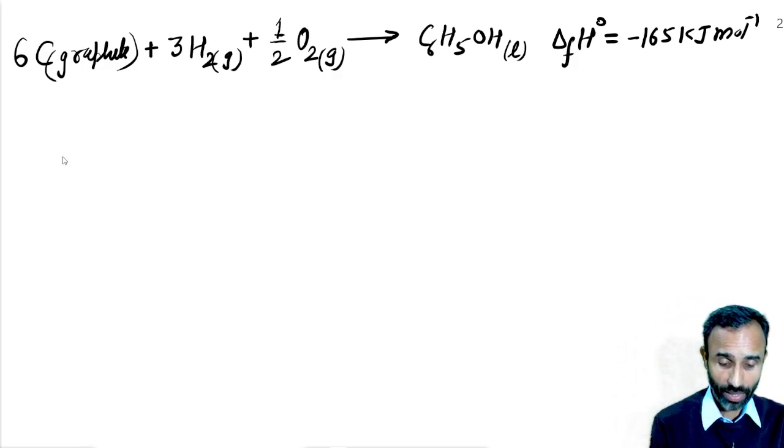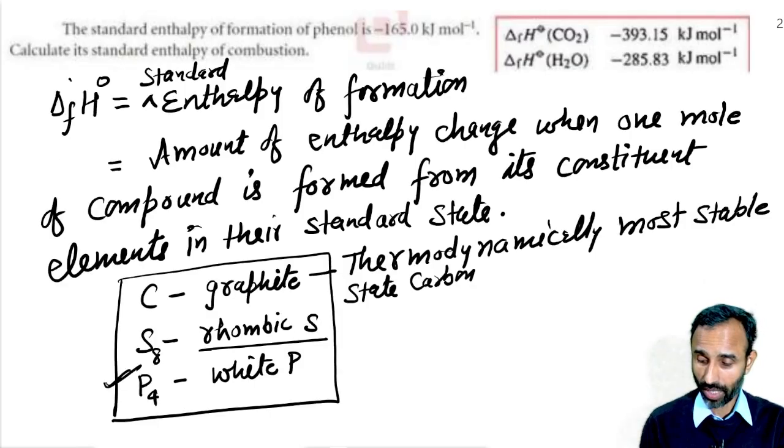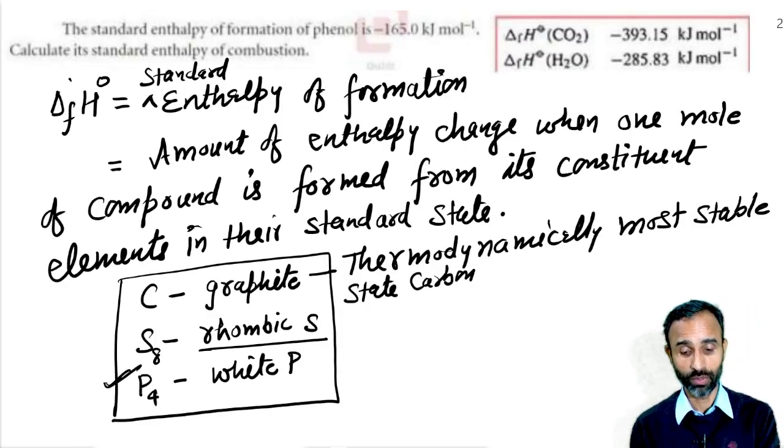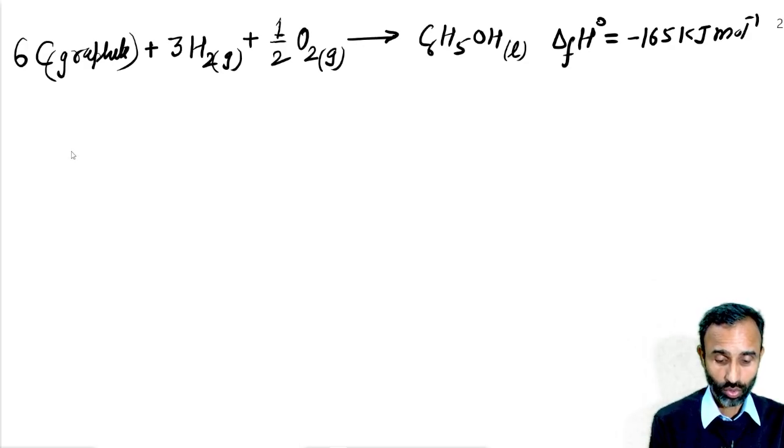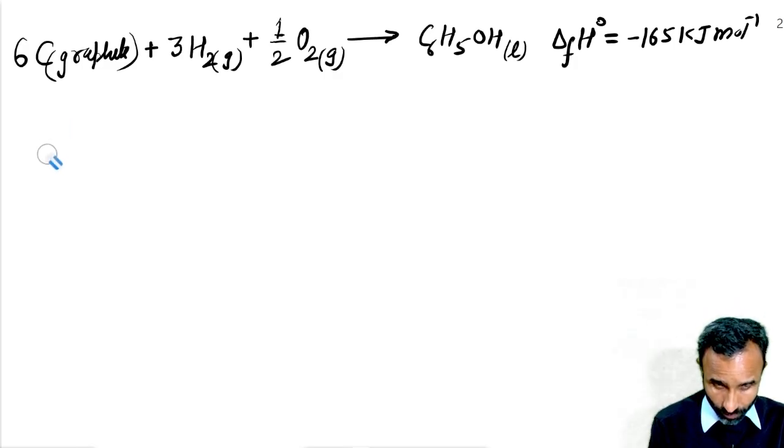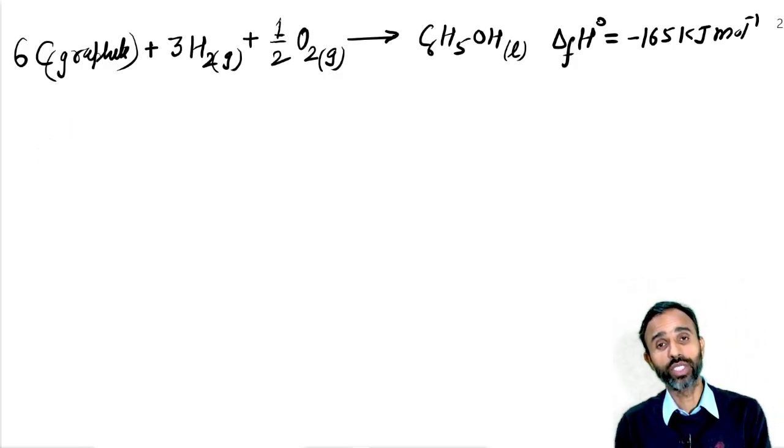Now we have to calculate the standard enthalpy of combustion of phenol. So what is enthalpy of combustion? The amount of energy released when 1 mole of compound is burned in excess of oxygen.